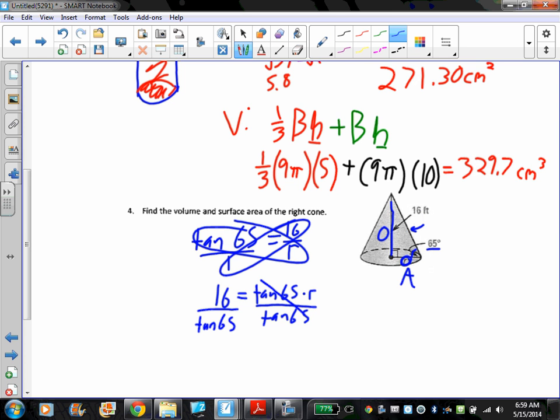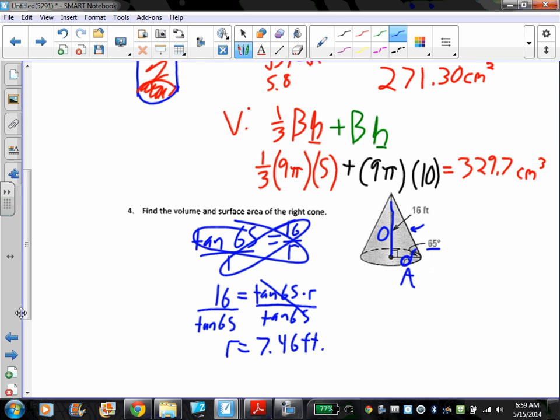So then we'll know what our radius is, and our radius is going to be 16 divided by tangent of 65. So radius is about equal to 7.46 feet.